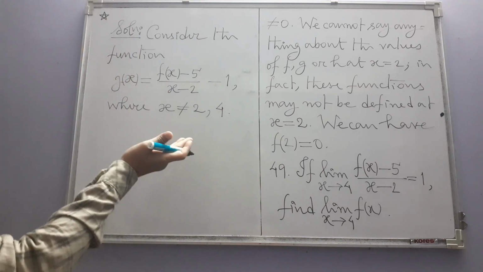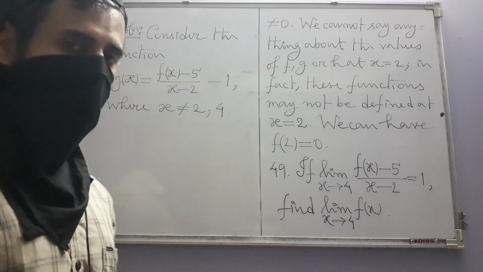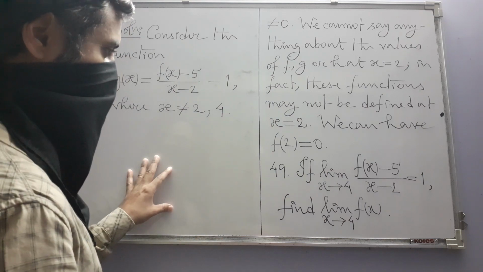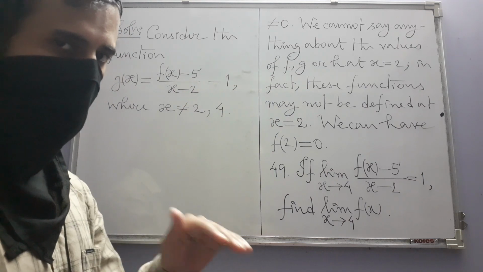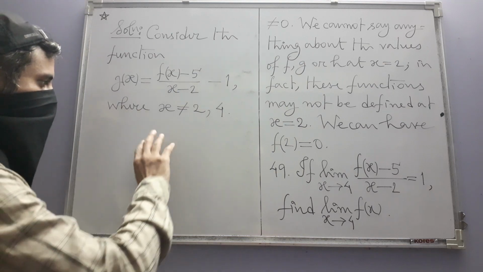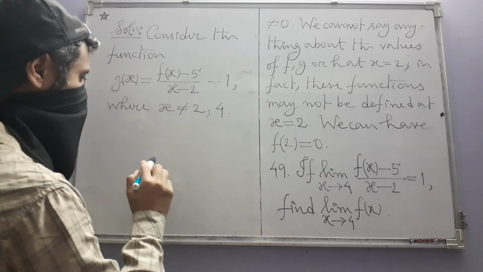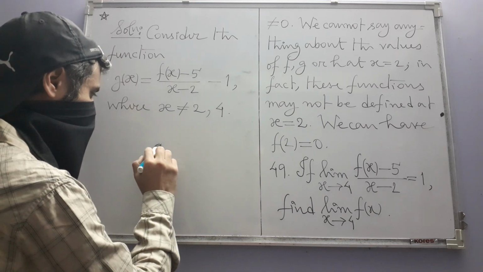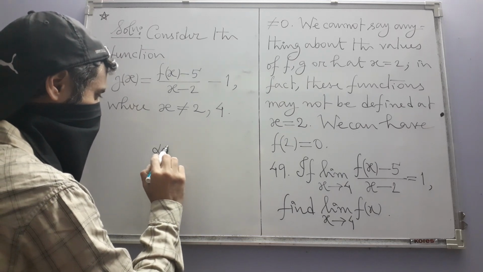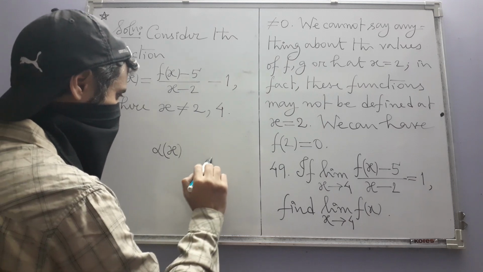And here you don't have any problem in applying theorem 1, because among all the parts that we have in that theorem, the part that talks about the difference of two functions says what? Say you have two functions there, alpha and beta.